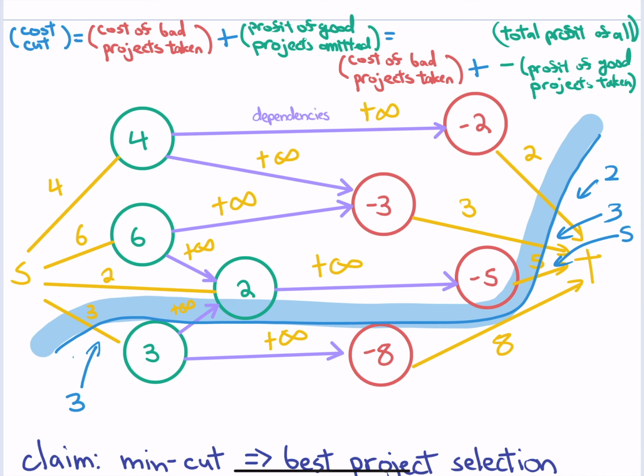So all that's left is that the minimum cut is trying to minimize the cost of the projects taken minus the profit of the projects taken. And if I want to turn that into maximization, that's maximizing the profit of the projects taken minus the cost of the bad projects taken. So minimizing the ST cut is maximizing the net profit.